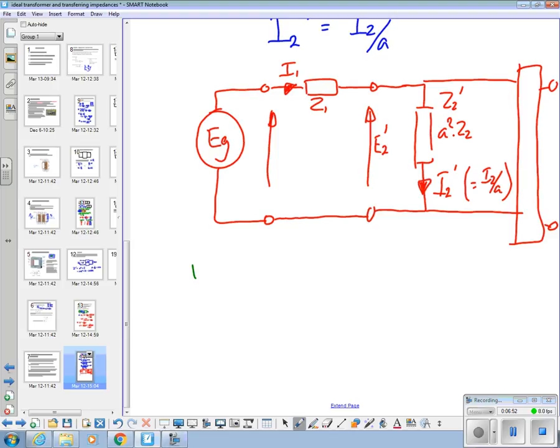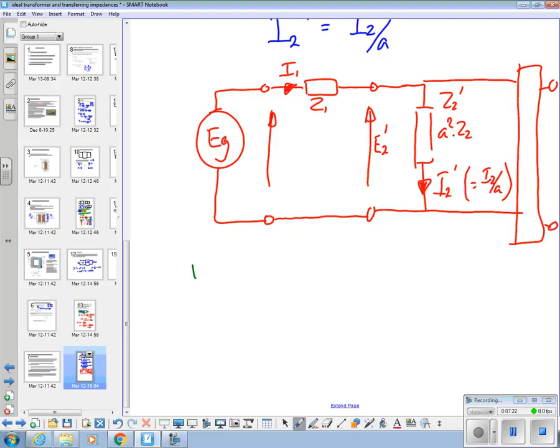We've got a generator with a voltage we know. We've got an impedance Z1 and an impedance Z2 dash in series with each other, and one current flowing through them. That current is the primary current, but that primary current is also equal to the secondary current divided by the turns ratio. So we've got a simple series circuit with a voltage connected to it now.